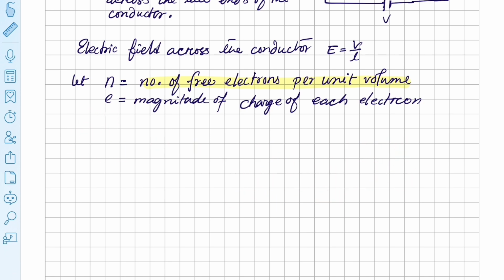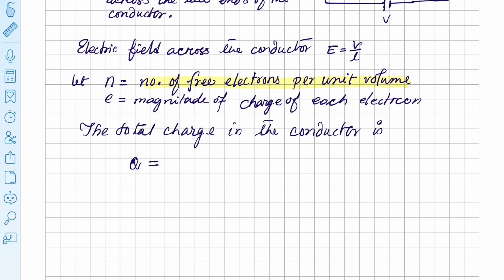Now let me write it properly. The total charge in the conductor is given by Q is equal to nAL into e.